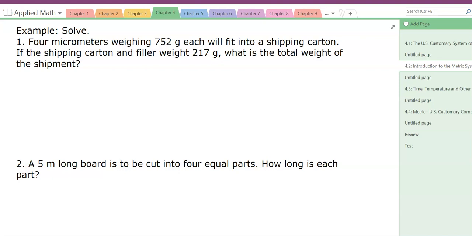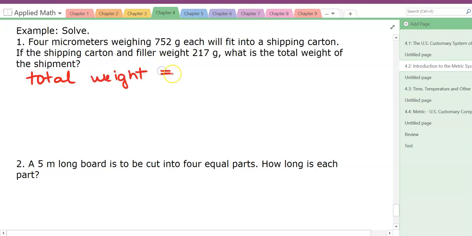So I'm trying to figure out total weight here, which if I think about this as an equation, it's going to be my shipping carton, so however much the carton weighs, and then I have to add that to the amount that the 4 micrometers are. So I'm taking 4 times the filler.